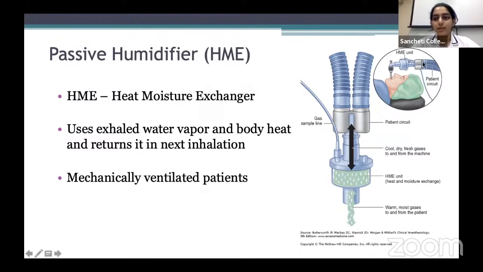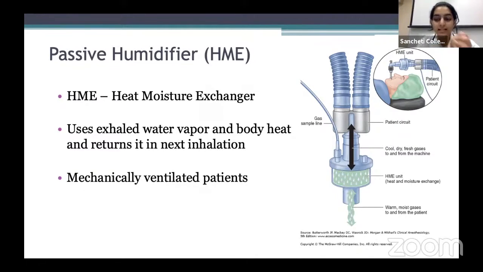Okay. So here, passive humidifiers are also called HMEs or heat moisture exchangers. As the name suggests, the device is going to take heat and moisture from the patient's exhaled air. It's going to hold on to it.